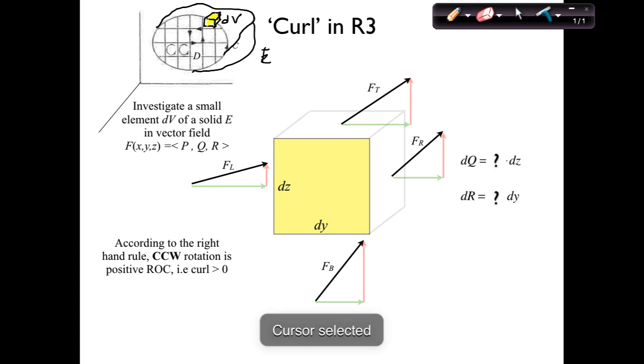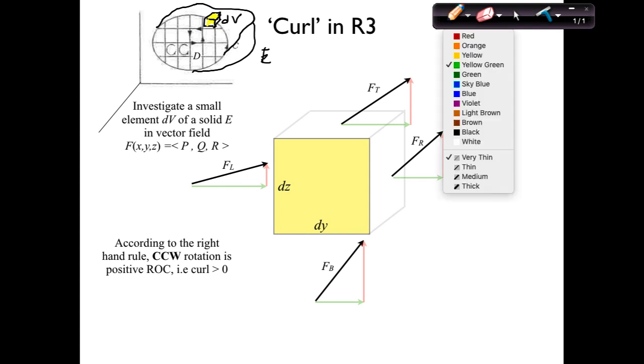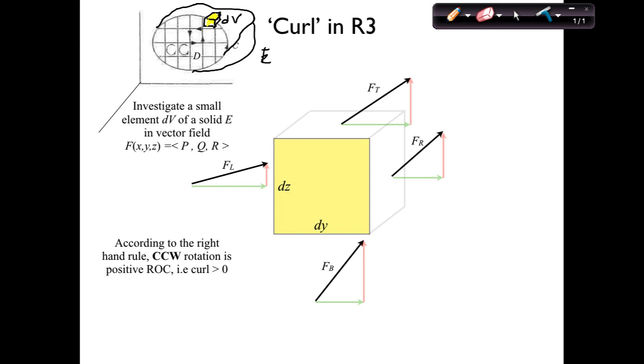Okay, so let's do green. What are the horizontal components of these vectors? P, Q, or R? A couple of people are saying Q. Do you agree with that? Yeah, they're the Y components, right? Because we're looking at the YZ plane.